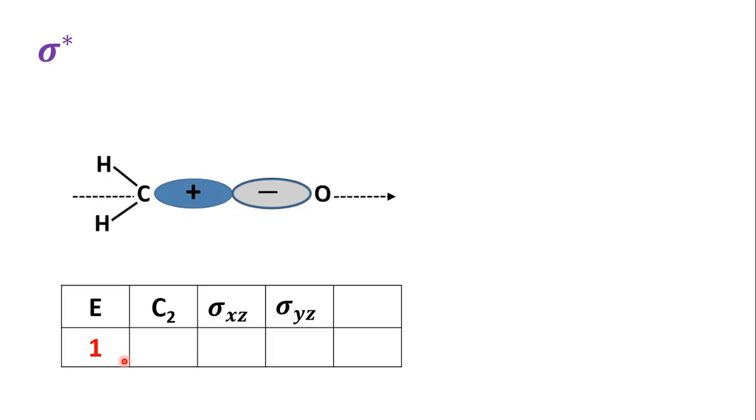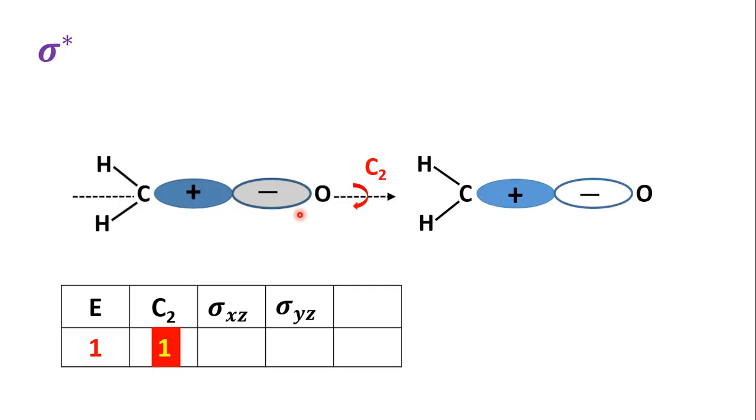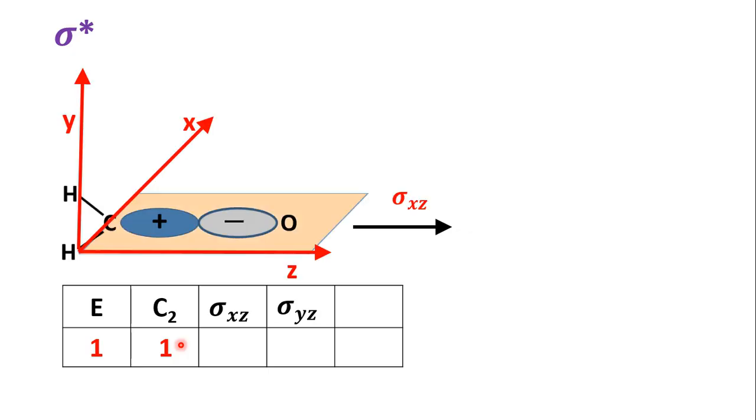And when we apply the C2 operation, that is rotation through 180 degrees, we find that the sigma star molecular orbital lies along the C2 axis itself, and so the signs will remain unchanged upon 180 degree rotation, and so we get 1. Next, when we apply the sigma xz operation, there is a molecular plane.